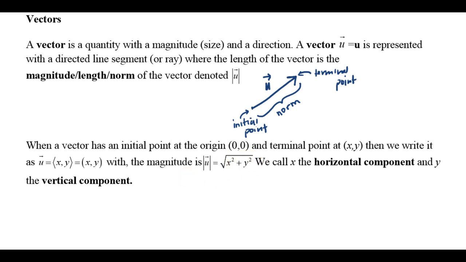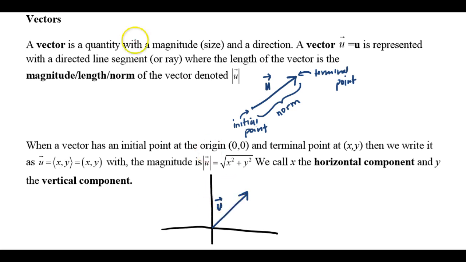So let's actually draw what I'm talking about here. This time I have an xy plane, and I have my vector starting at the origin and going in any direction from the origin I want. So here's my vector, and it can still be represented by a lowercase letter with a little arrow above it.